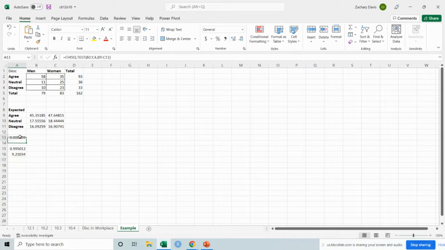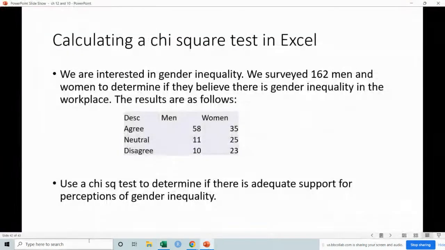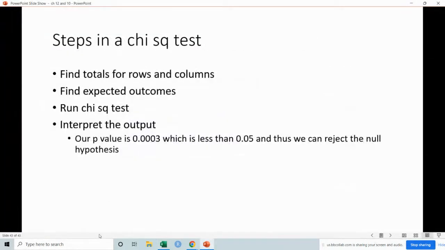So that's the p-value if we're doing a hypothesis test, and if we're interested in the actual chi-square value, that's what the chi-square statistic would be. Based on that, we can reject the null hypothesis because 0.003 is less than 0.05.